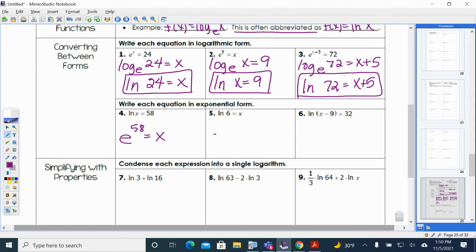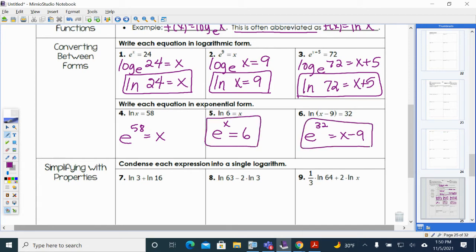Same thing on number 5. E to the x equals 6. And number 6, e to the 32nd power is equal to x minus 9. So this is just like we did in chapter 12, lesson number 1. We're converting between exponential to logarithmic and logarithmic to exponential.